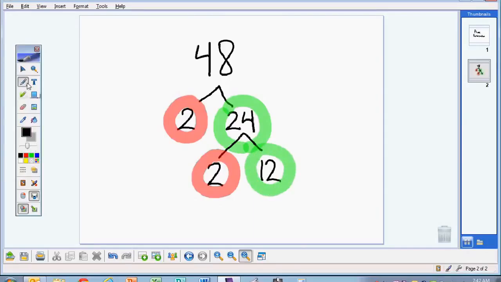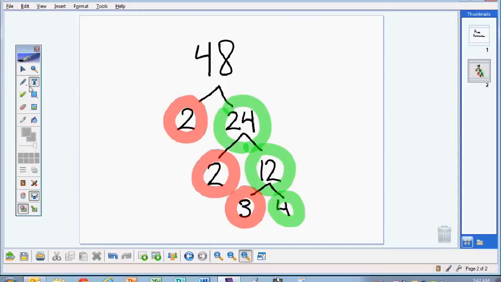I'm now going to repeat the process again to find a factor pair for 12. I'm going to change things up a little bit, and I'm going to use 3 and 4 because I know 3 times 4 equals 12. And at this point, we are going to analyze. 3 is prime, 4 is composite, so the process continues for 4.